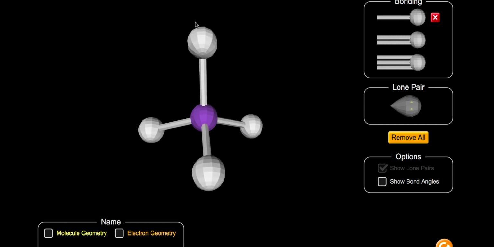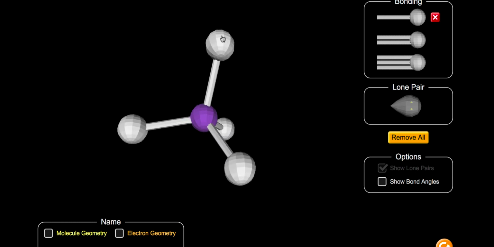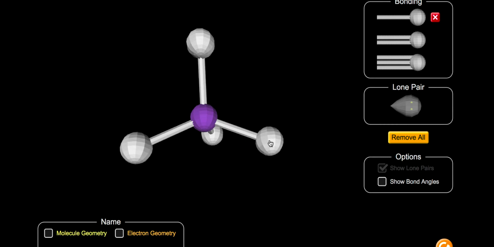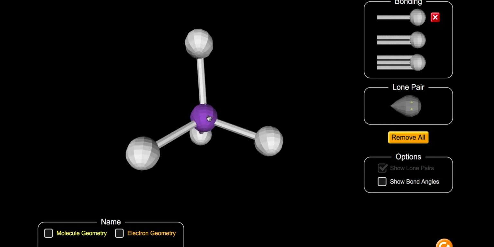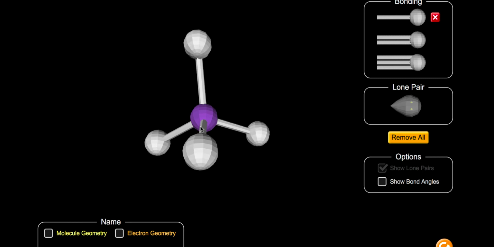Imagine this atom right here is my bromine. This is what the structure looks like. The way that I like to draw it, I like to have 1 atom going up and then 3 going downwards. If you can show this 3D shape, awesome, but I like 1 up and then 3 down.